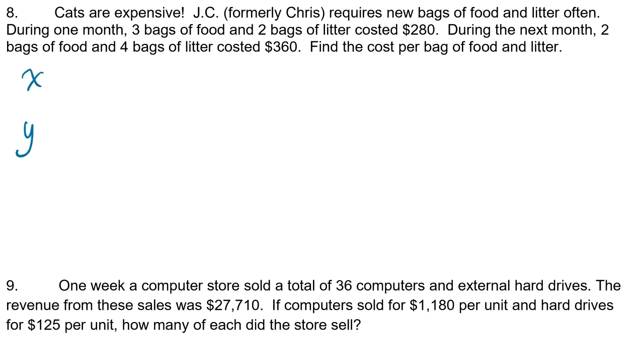All right, so we're still looking for 2 different things, but this time, instead of looking for how many of something, we're looking for the cost of these things. All right? So let's let x be the price of food, y be the price of litter.